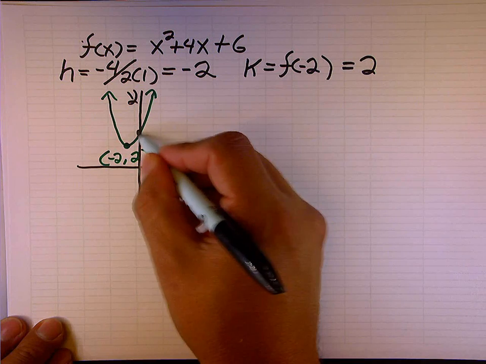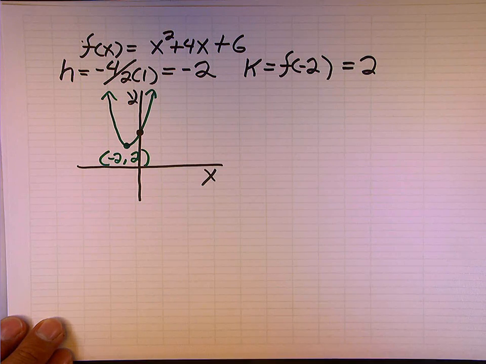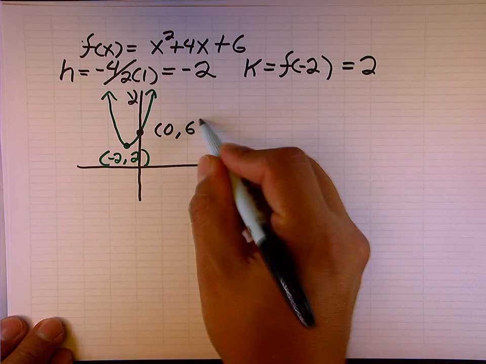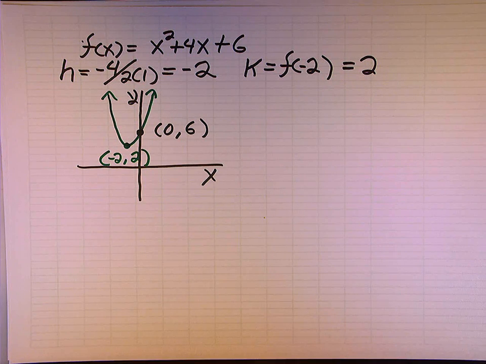So I'm going to write my x-axis 2 units down. So this is an approximate graph. And notice I've also located my y-intercept by looking at the formula at the point 0, comma. This parabola does not have any x-intercepts.